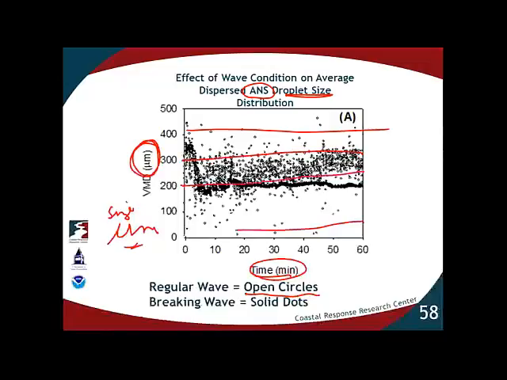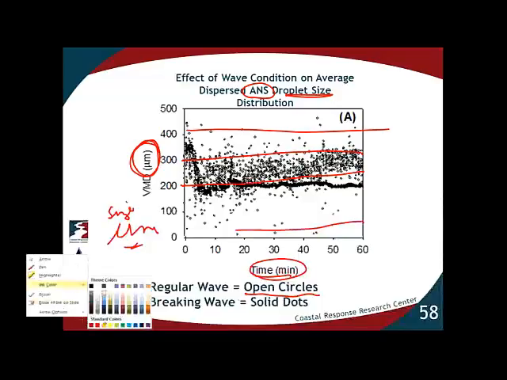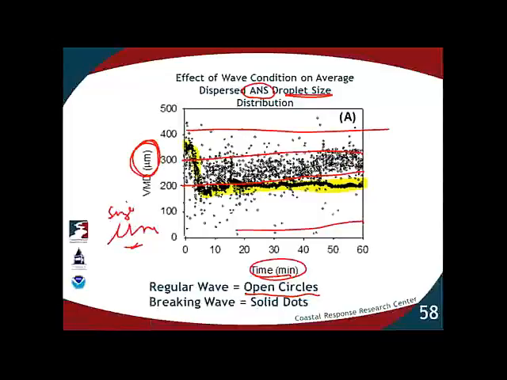If we have a breaking wave, you can see, and I'm going to highlight this in yellow, that over time you tend to have a much tighter distribution. More of the droplets are in this size range of about 180 maybe or so microns.